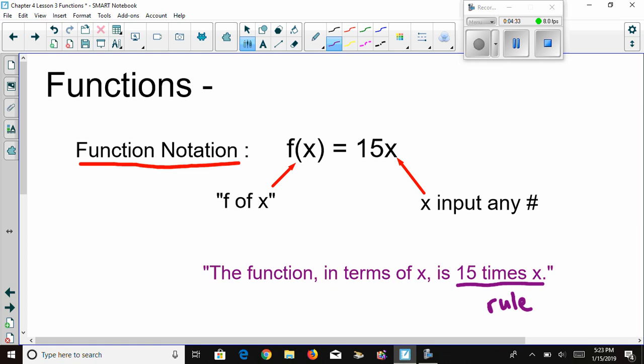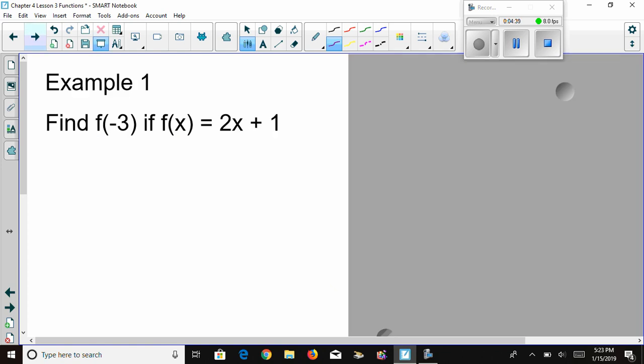Now let's move on to examples on how we use this function notation. Our first example asks us to find f of -3 if f of x equals 2x plus 1.